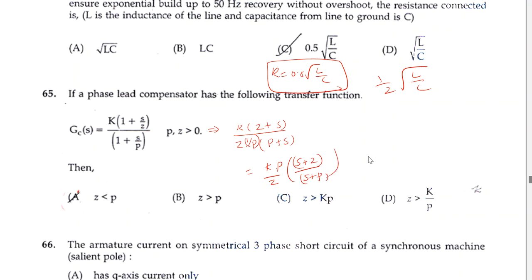Similarly, we make 1 by P here. From this we get K times P by Z times (S plus Z) divided by (S plus P). For the lead compensator, the pole should be away from the origin, and the zero should be nearer to the origin. So here we have a zero and here we have a pole. From this, the Z value should be less than P. So A is the right answer for this question here.